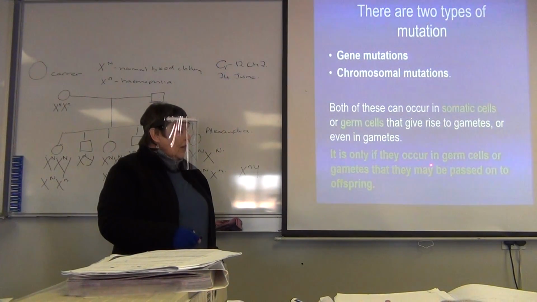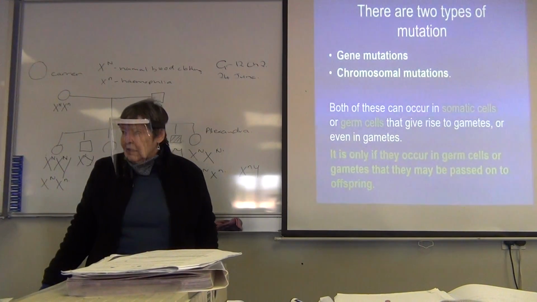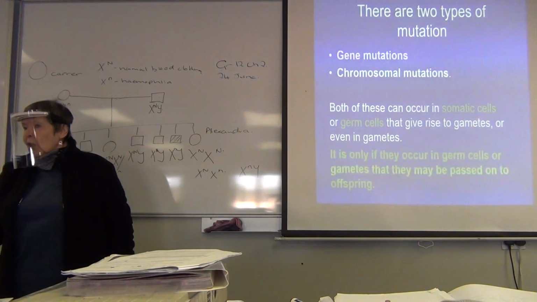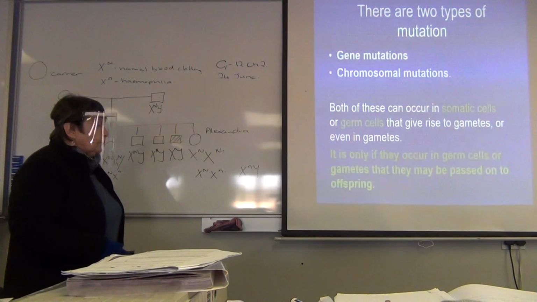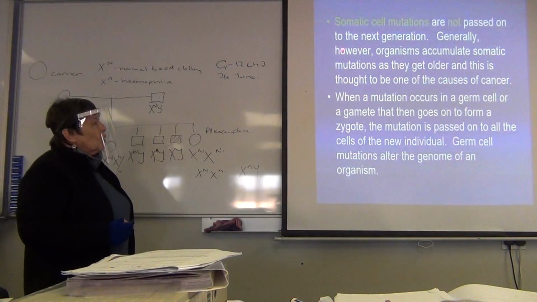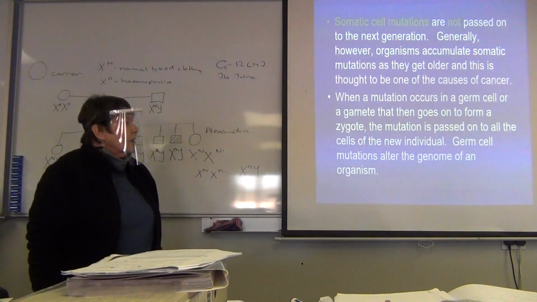It is only if a mutation occurs in germ cells or existing gametes that they can be passed on to offspring. So if one of your little skin cells does a little mutation, you're not going to pass it on to your children. So somatic cell mutations are not passed on to the next generation.